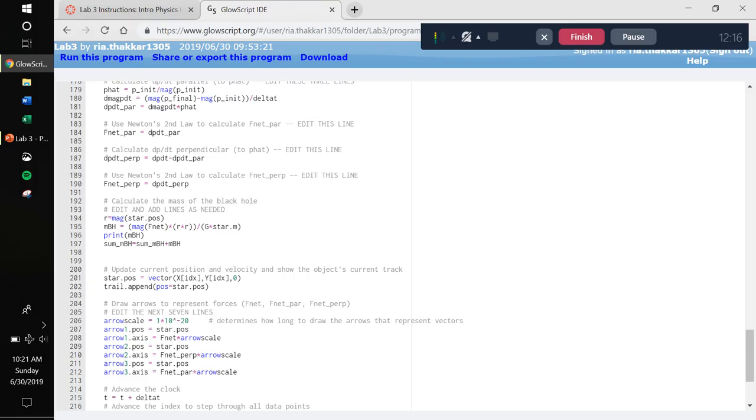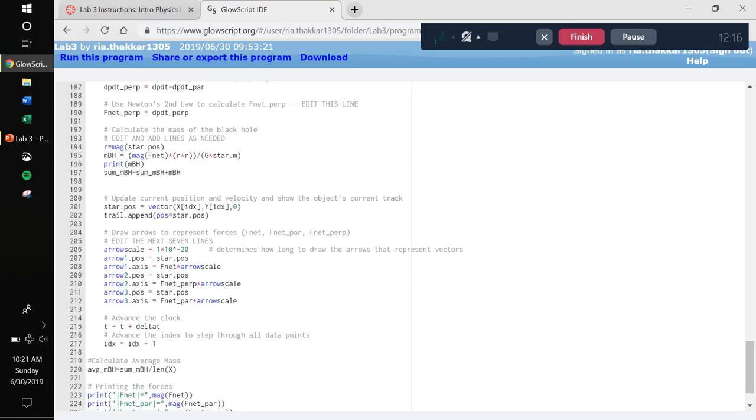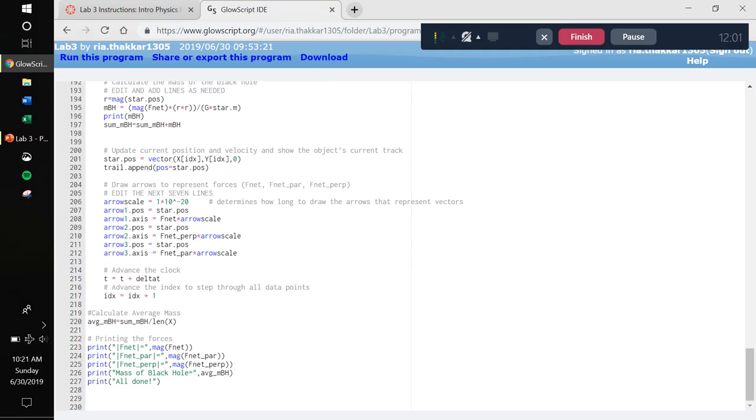And then while in the loop, in order to calculate an average of all of these sums, I just created an iterative adding function where it's just adding all of these, and then I divided by the number of all the data points to calculate the average. So right down here we can see the average mass being calculated of the black hole, which is just a sum which was iteratively added in the loop divided by the length, or the total number of values.